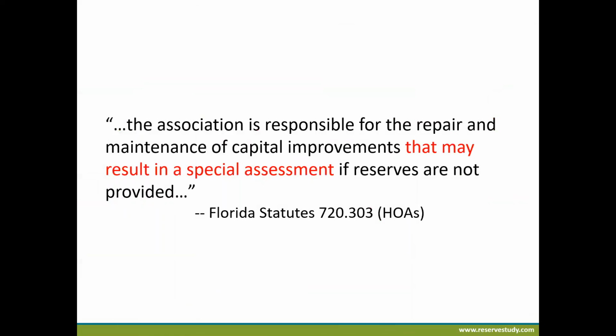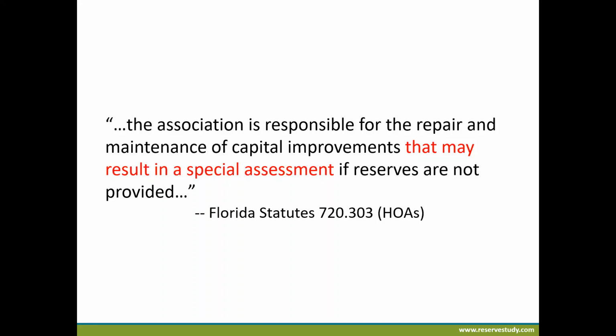For those of you coming from the HOA side of things, this is a short excerpt from statute 720, which actually has even less to say about what associations should be reserving for. Unlike the condo statute, the HOA statute 720 does not have that sort of checklist of items that need to be included.